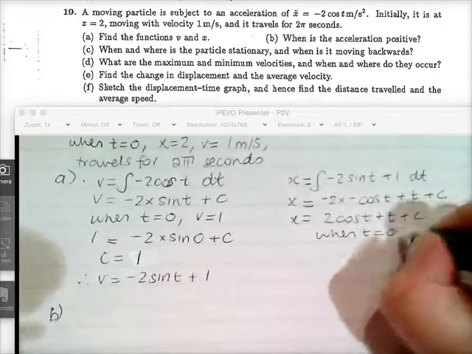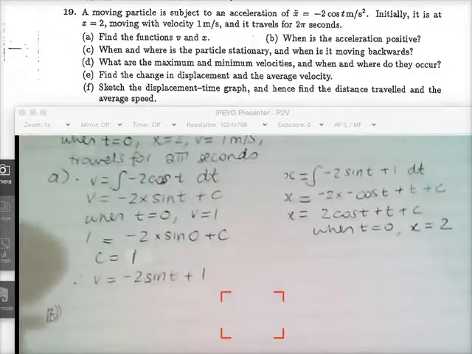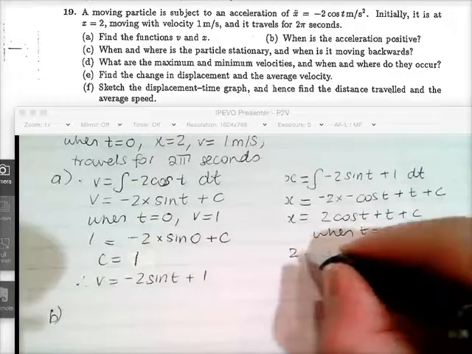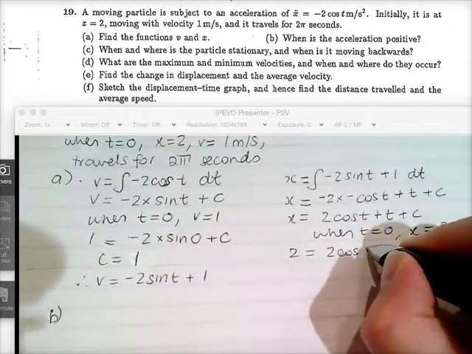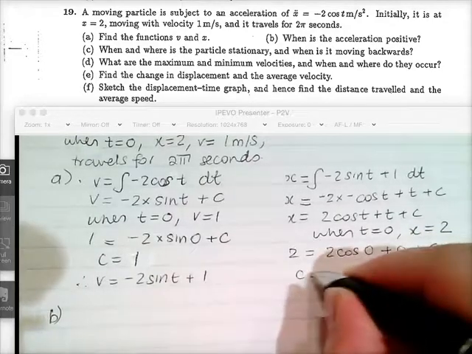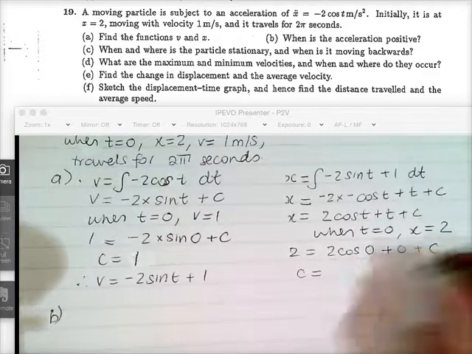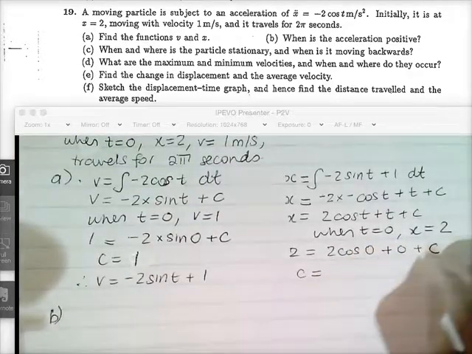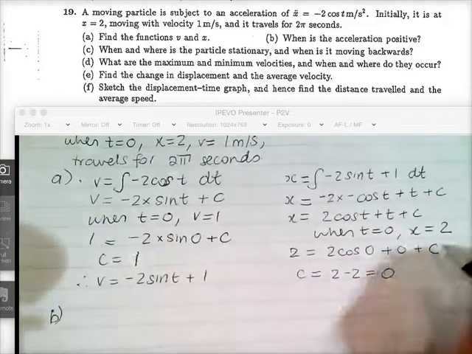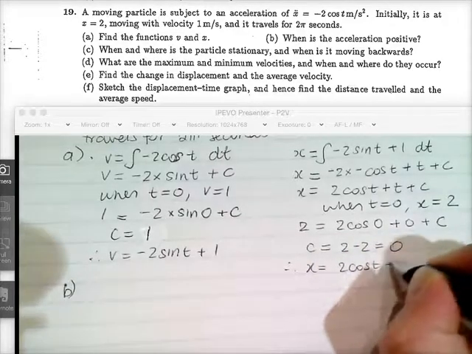Substituting when t is 0, x is 2, we get that 2 equals 2 times cos of 0, which is 1, plus 0 plus c. So therefore c equals 0 in this case, because c is basically 2 minus 2, which is 0. So therefore x is 2 cos t plus t.